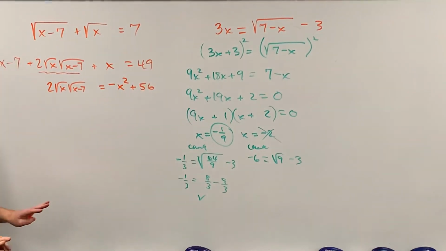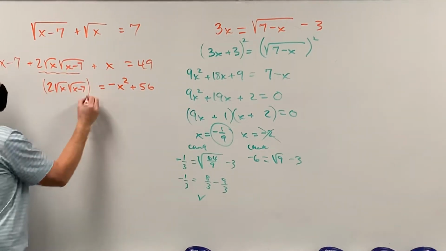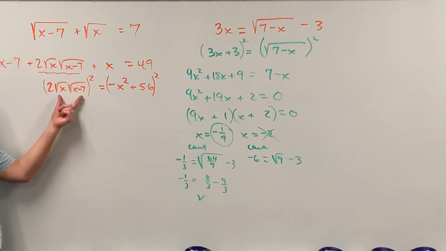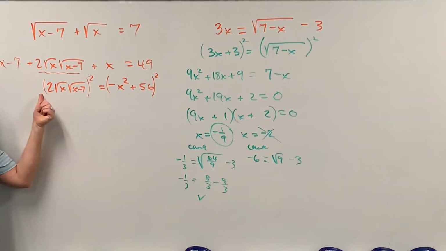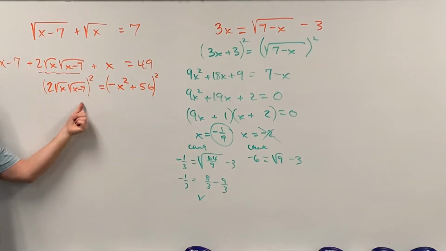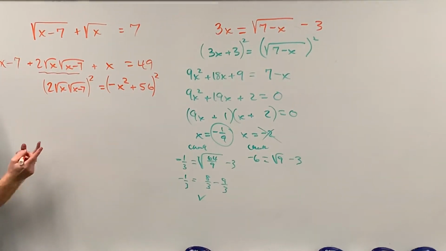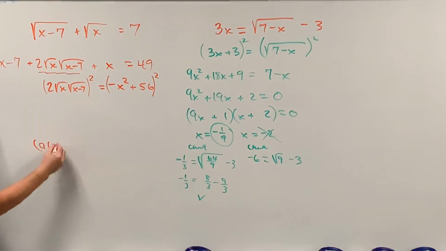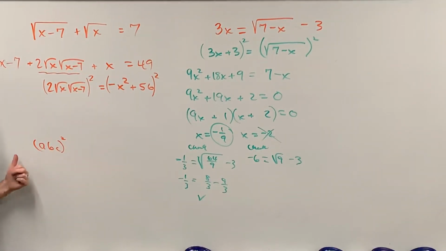Are you with me? I don't like this, and I'm going to show you why. If I square both sides now, what happens? This is not being added, is it? So if I'm squaring things that are being multiplied, what's the rule? If you square A, B, C, you square them all.